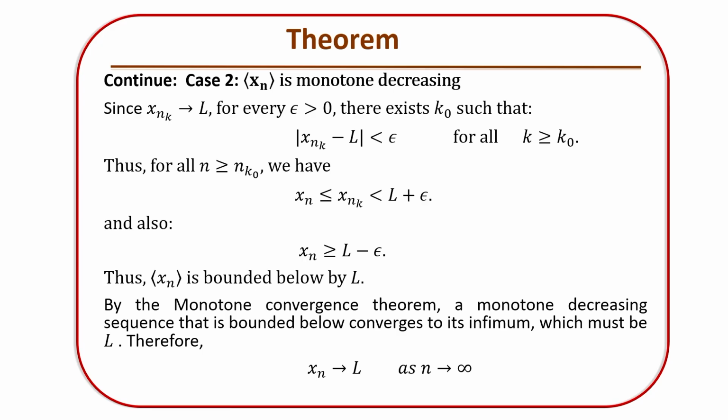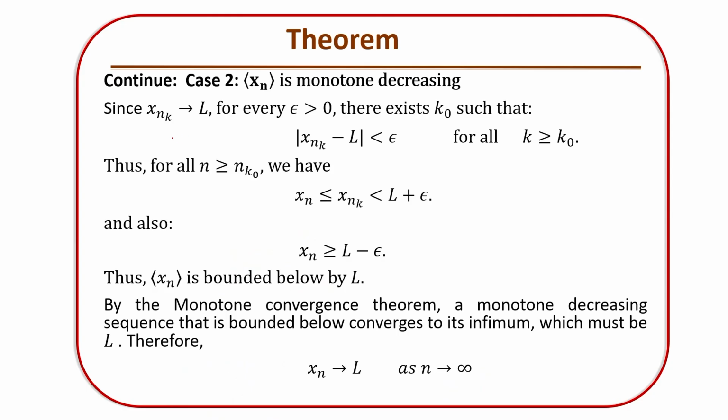Similarly, we are now going to explore monotonically decreasing sequences. Suppose x_n is a monotonic decreasing sequence and a subsequence x_{n_k} is given which converges to the real number L. By the definition of convergence, for every epsilon greater than 0 there exists a natural number k0 such that |x_{n_k} - L| < epsilon for every k greater than or equal to k0.